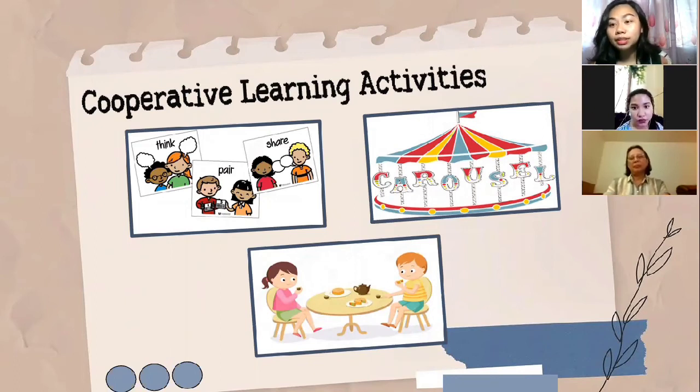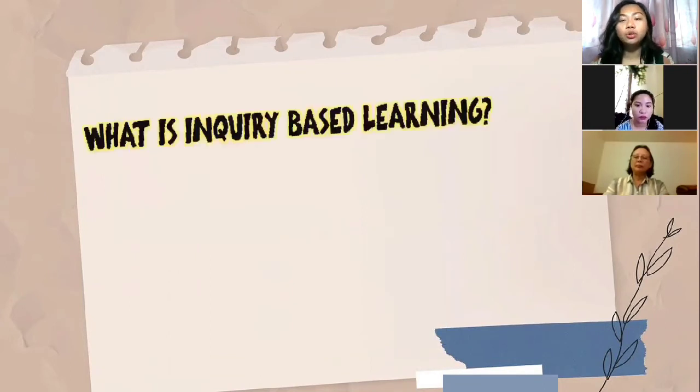It is also to practice them to be responsible for their own learning and also to practice their social and emotional skills. So I think that is all about cooperative learning activities. And I will give the screen or the stage to Miss Joanna to further discuss what is inquiry and inductive based learning.